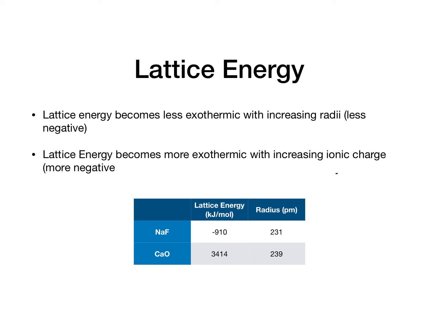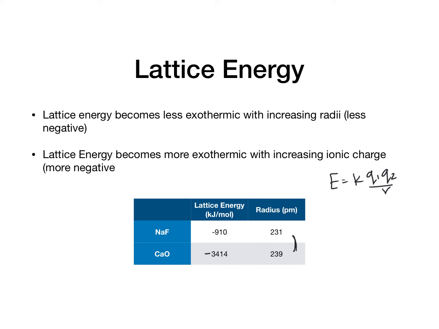So if we remember, Coulomb's law is E equals K Q1 Q2 over R, where R is the radius, and Q1 and Q2 are the charge sizes. If we look at two compounds, sodium fluoride and calcium oxide, the radii are 231 and 239 picometers, so very similar.